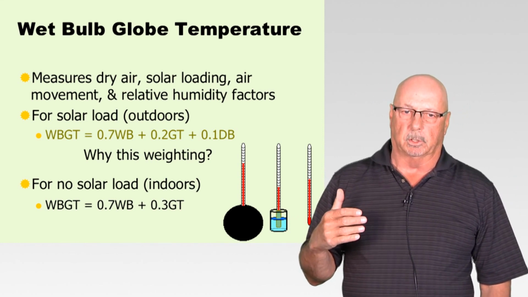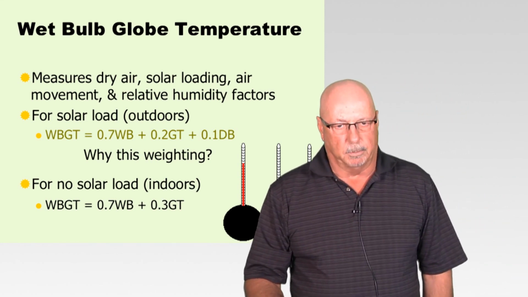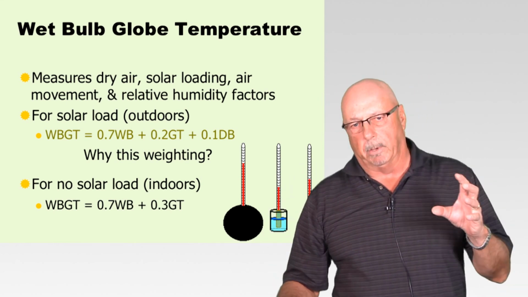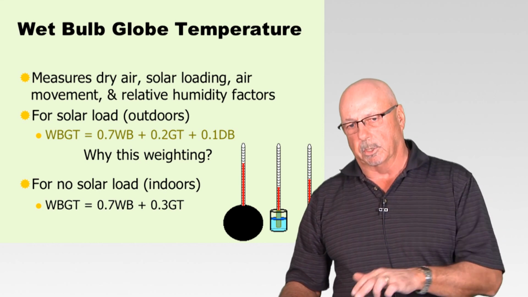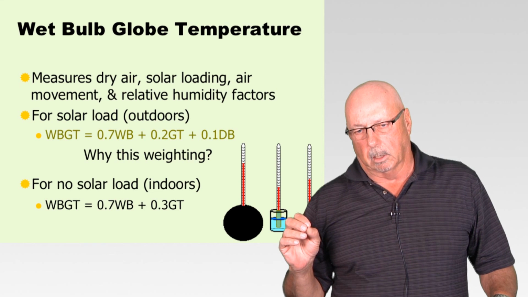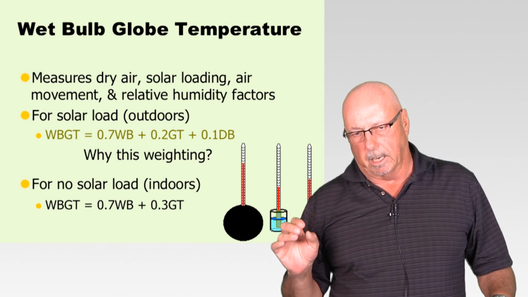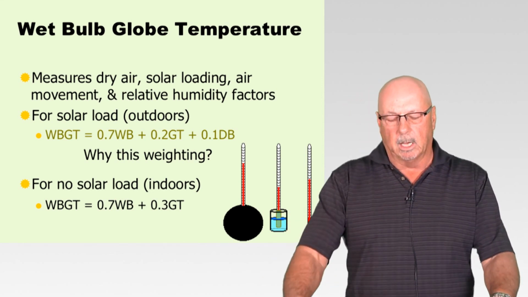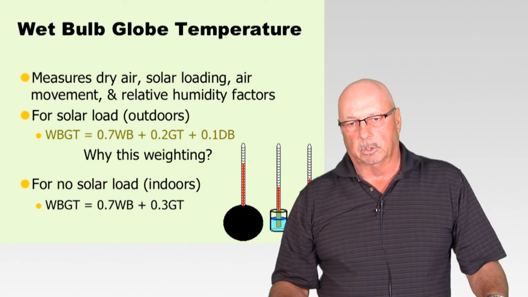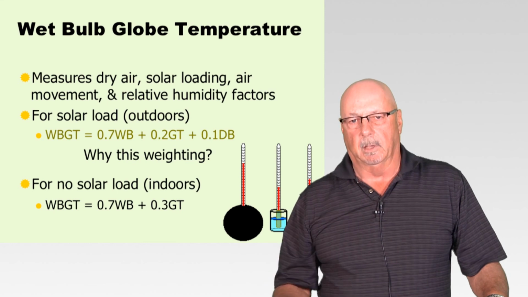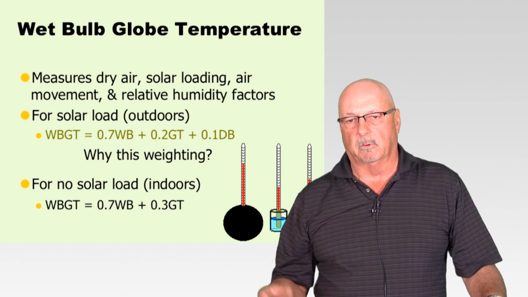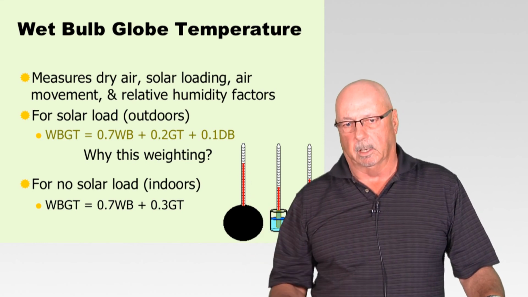And you can see in this formula that the WBGT in the outdoors is going to equal 0.7 times the wet bulb temperature, which is your center temperature that's factoring in wind speed and humidity, plus 0.2 times the globe temperature, which is the radiant heat load, and then finally plus 0.1 times the dry bulb, and the dry bulb is your ambient temperature.